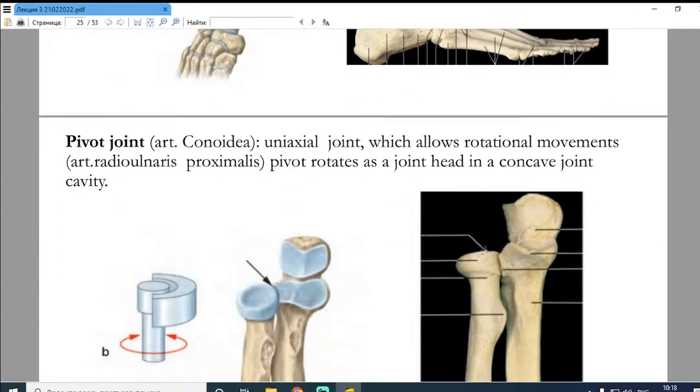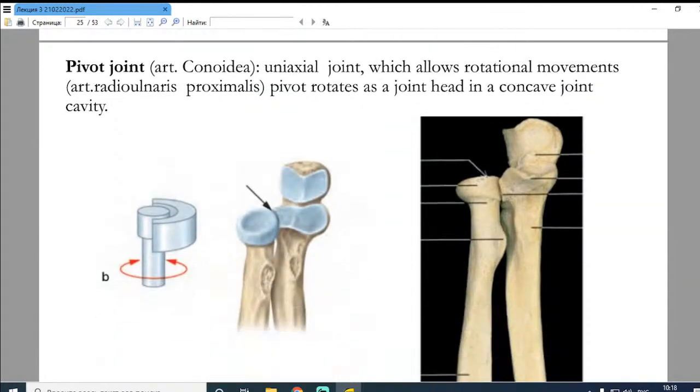Next, pivot joint, a uniaxial joint, which allows rotational movement, articulatio radioulnaris proximalis. You see, this is incisura, this is circumflexa, articulation circumflexa. Incisura, you see, articulatio radioulnaris proximalis.